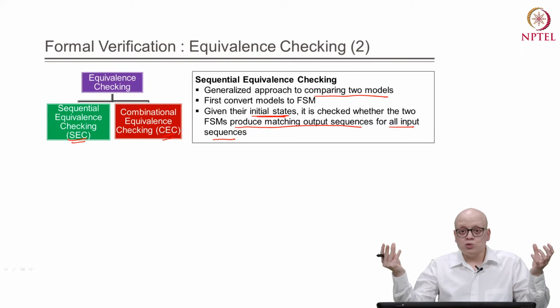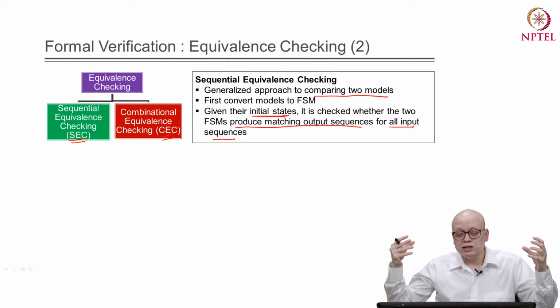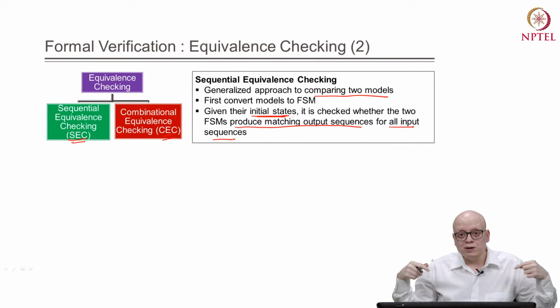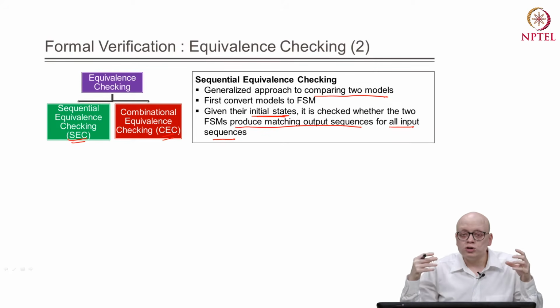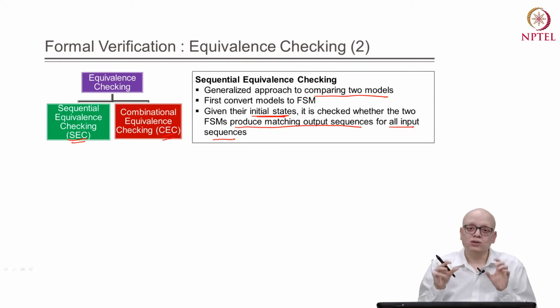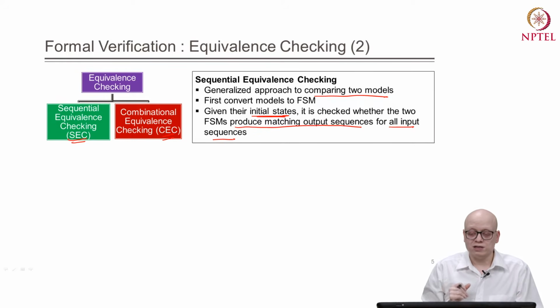If these two models are equivalent, then given the same input sequence, they should produce an identical output sequence. If that happens, then the two models are equivalent, otherwise they are not equivalent. So, this is a generalized method of equivalence checking, and this is known as sequential equivalence checking.